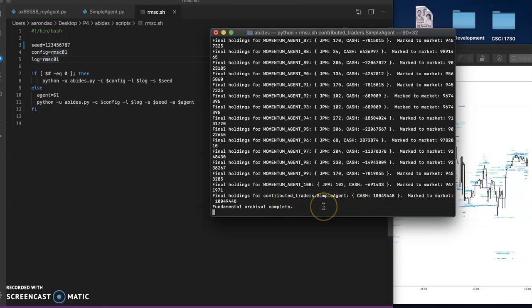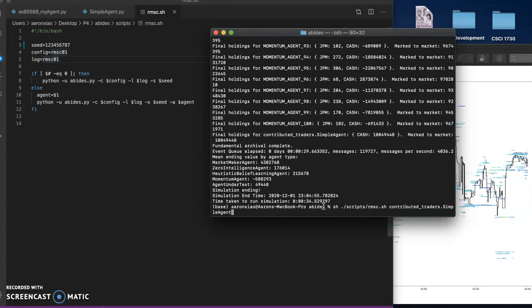Okay, so with the simple agent, that yielded around $494.48.